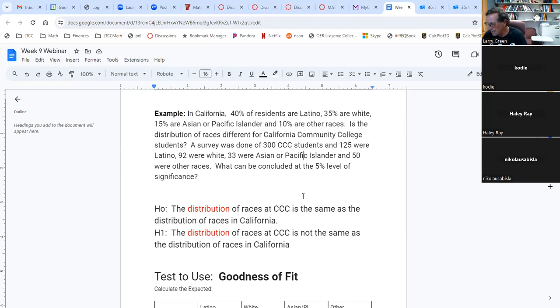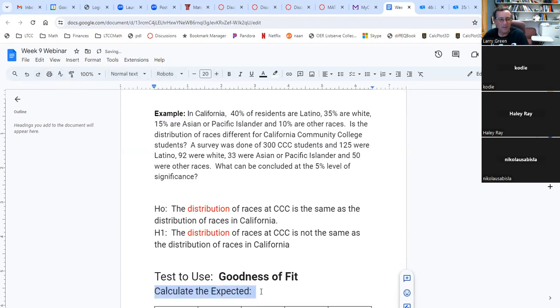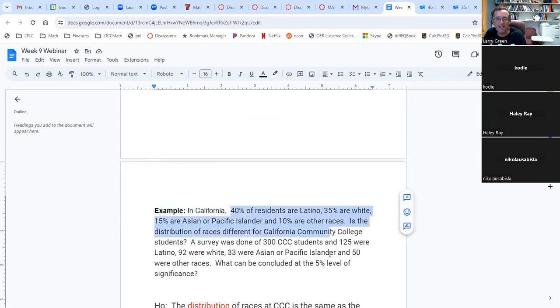Okay, so the next step is we're going to calculate what's called the expected values. So let me make this bigger. So we're going to calculate the expected values. Okay, so the idea here, if we surveyed 300 California community college students, and if we said the null hypothesis was true, then we would expect 40% of them to be Latino.